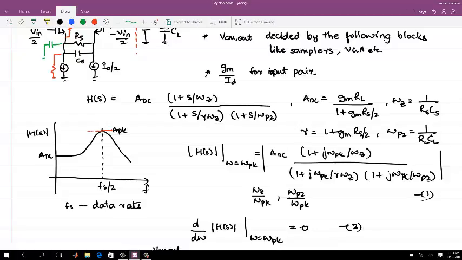If they do not give a different solution, that means you cannot satisfy both of them. You need to change your gm value. You will get a range of gm values, but then you pick a minimum gm value, because minimum gm value will correspond to your minimum current. So that's the power part.